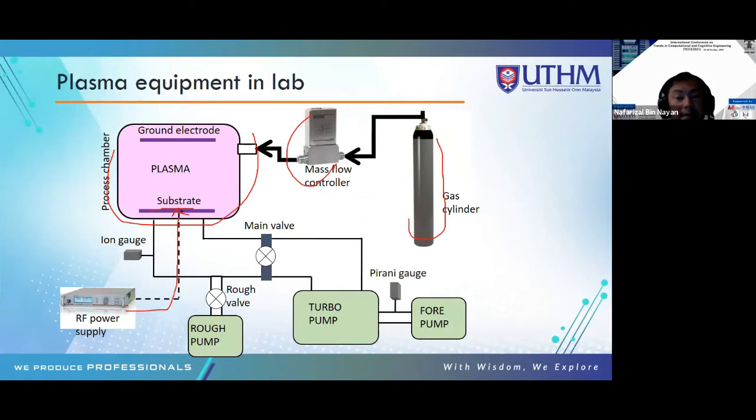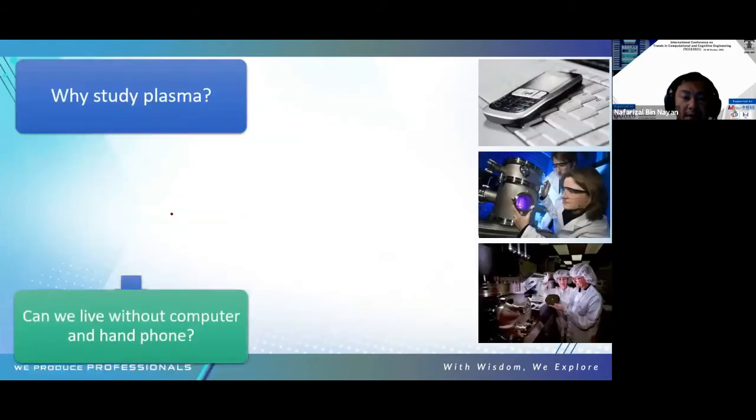This one is most basic. We have a vacuum that pumps out all the gases, and then we put in the gas, and then we put the power supply, and then we create a plasma. So this is how we can create a plasma.